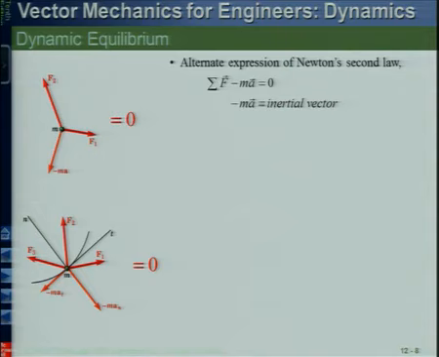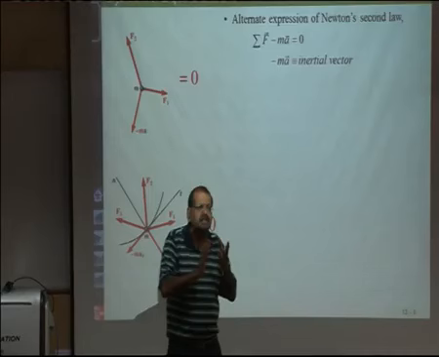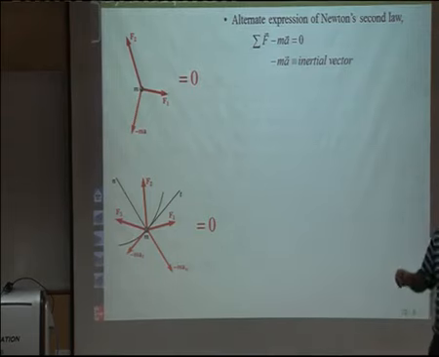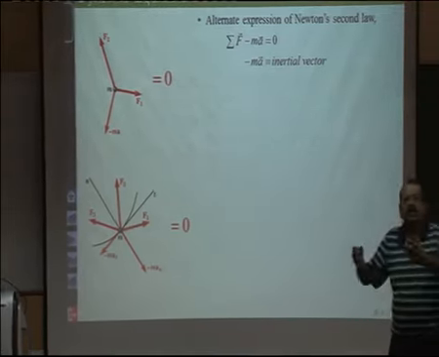Newton's law is written as F is equal to ma. If I take ma on the left hand side, then what do I get? Sum of forces minus ma is equal to 0. Now, what one can do, and you could say engineers are very lazy people, so this was the engineer's way of trying to convert dynamics into statics.